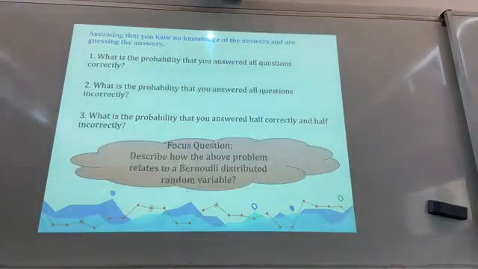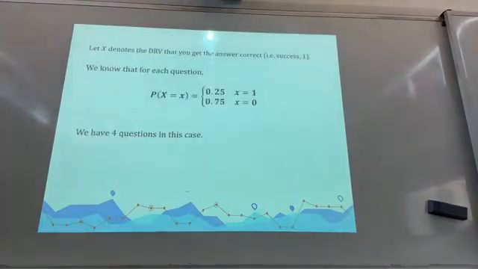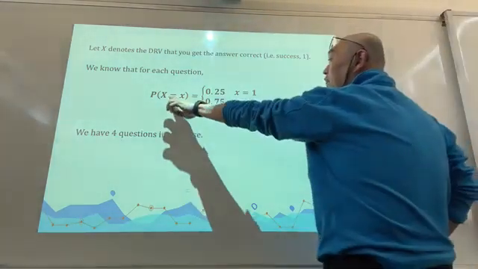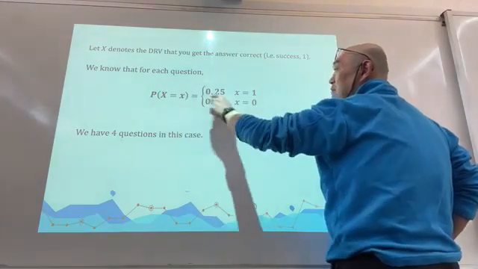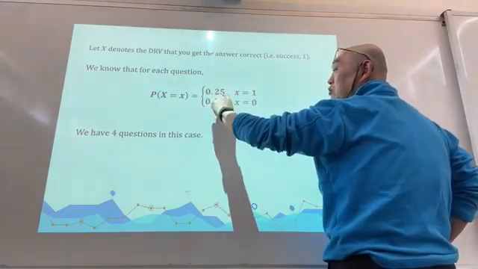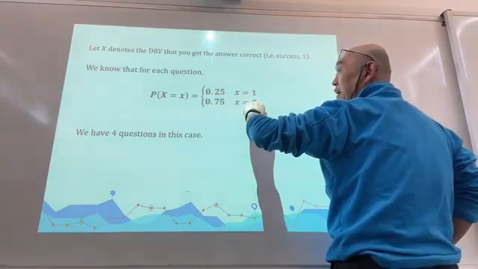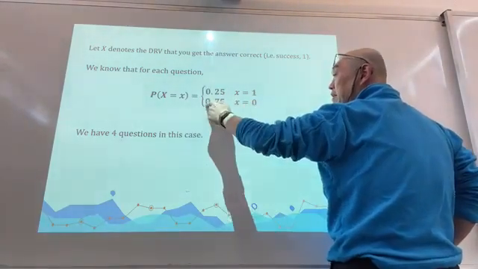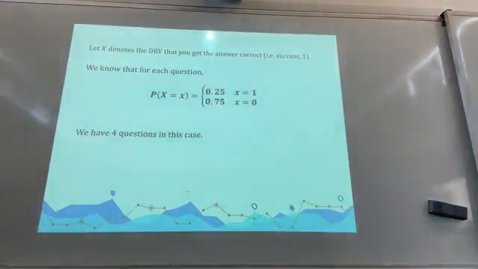Now, if we have the discrete random variable that gives you the answer correct, i.e. success is 1, think about the Bernoulli distribution. For each question, the probability of X equals 1, which is success, is 0.25 or 1/4. Failure, you did not pick the right answer, is 0.75. And we've got 4 questions in this case.